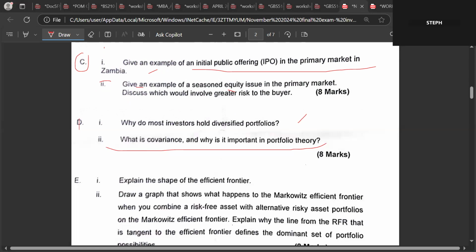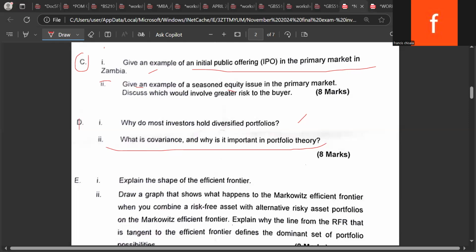A negative covariance would suggest that they move in opposite directions. So when one increases, the other decreases. Are we good to go? Yes, sir. Okay.